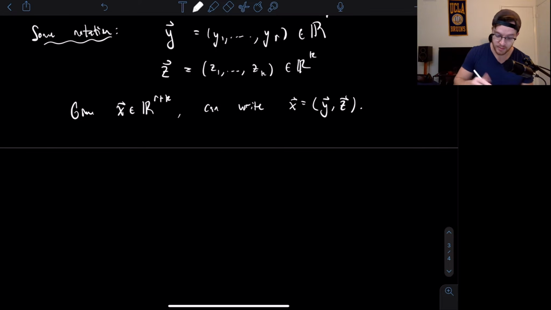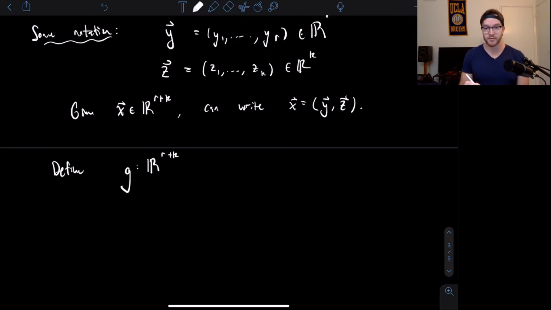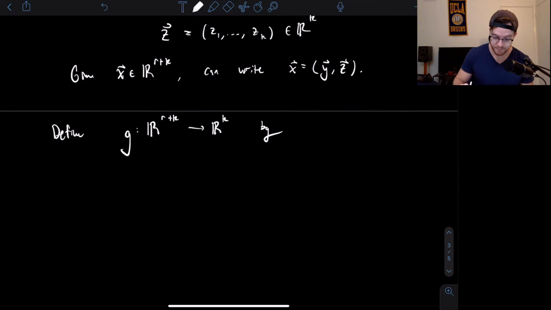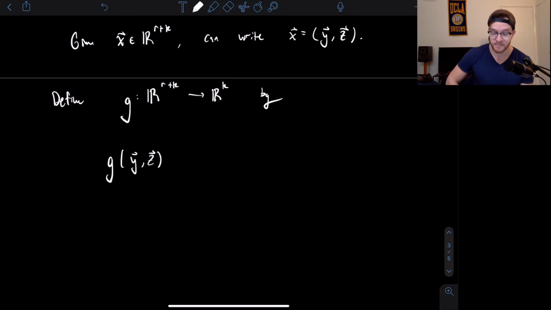So I'll define g. This is going to be a function from R^(r+k), so Euclidean space of dimension little r plus k, to R^k. g eats in r plus k variables, so the input of g is vector y, vector z.